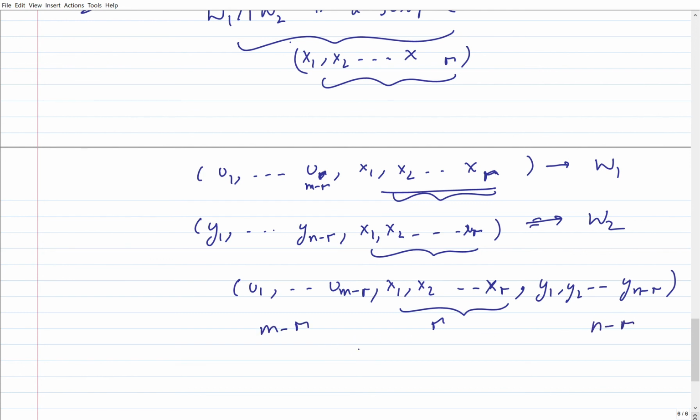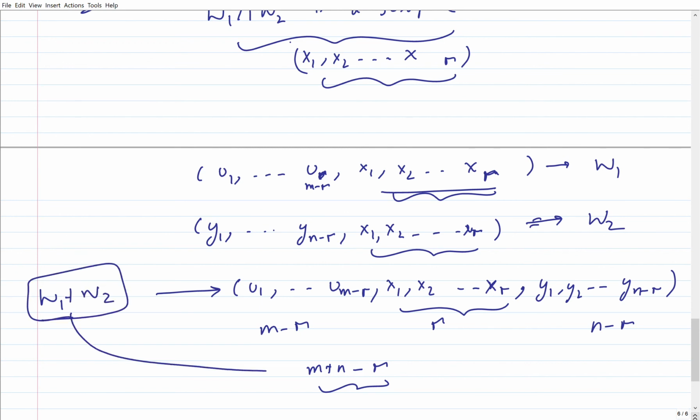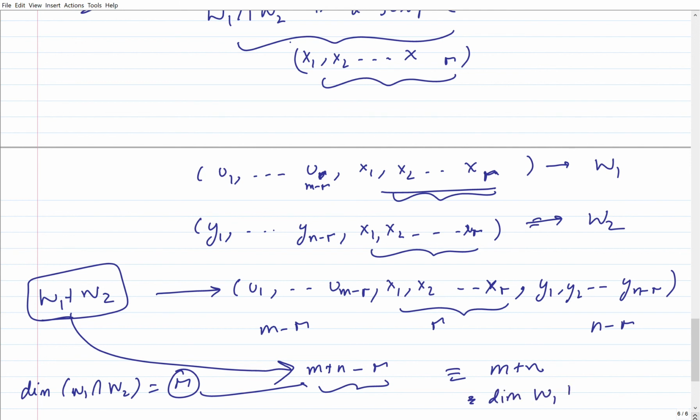That gives me m plus n minus r. So that has a dimension of m plus n minus r, and the dimension of W1 intersection W2 was anyways r. So these combine to give me the dimension m plus n, which was the dimension of W1 plus the dimension of W2.